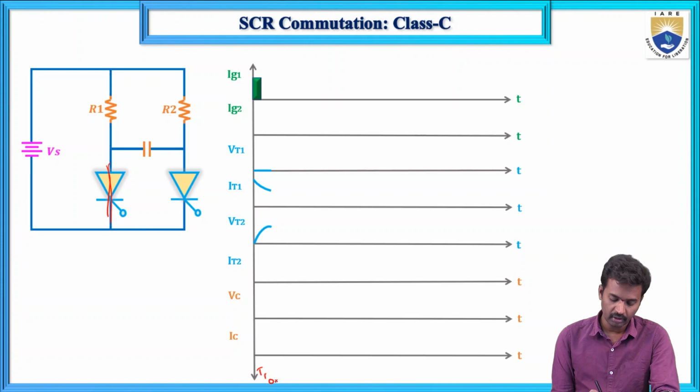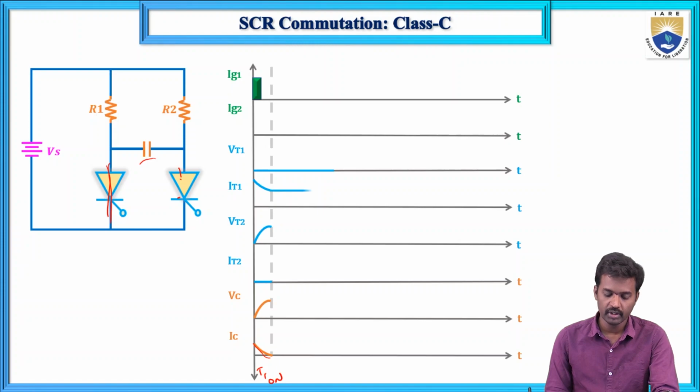When T1 is on, VT2 is increasing, and IT2 is 0 initially, it is open circuit, and the VC value increases, and next the IC value starts decreasing exponentially. Then this current is 0, VT1 is 0, and its value is constant, that is Vs by R1, and VT2 is constant, and IT2 is 0 and VC is 0.